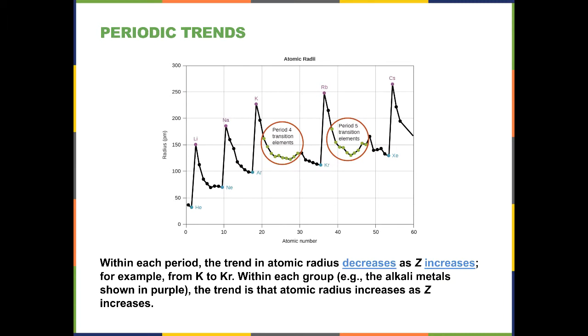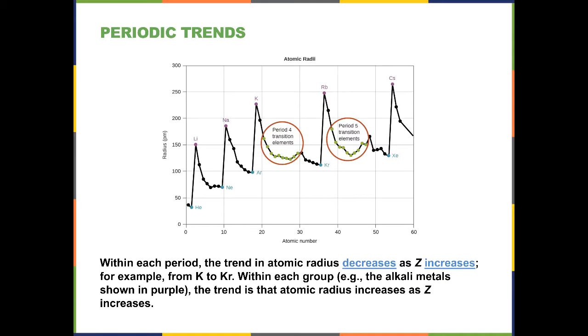Within each group, for example, the alkali metals shown in purple, purple colors are difficult for me. Alkali metals, I'm sorry. Purple is Li, Na, K, Rb, and Cs across the top there. You see that the trend of the atomic radius increases as Z increases.